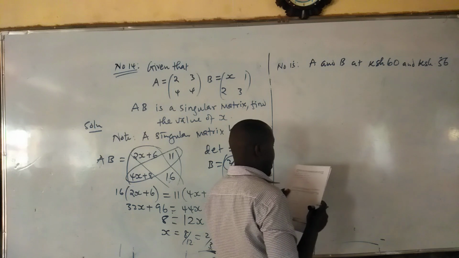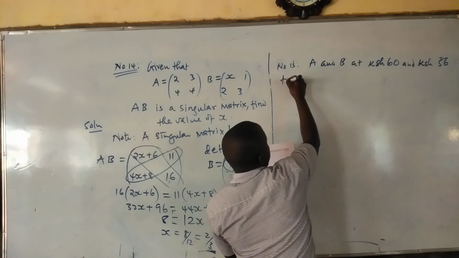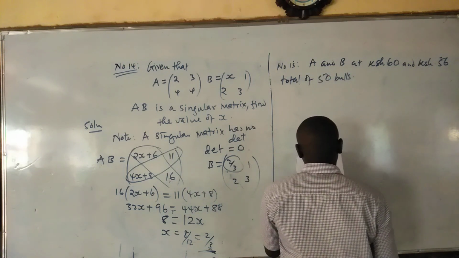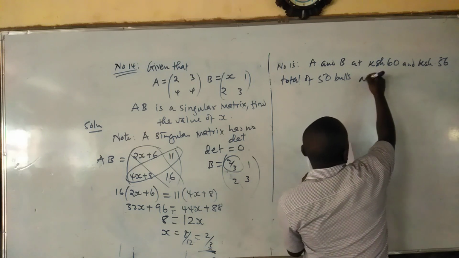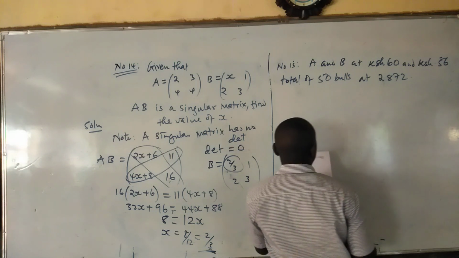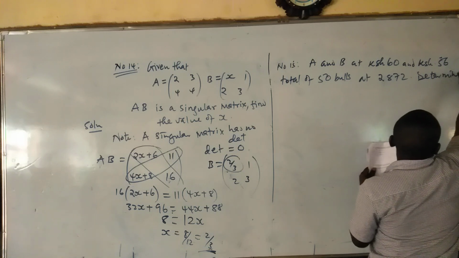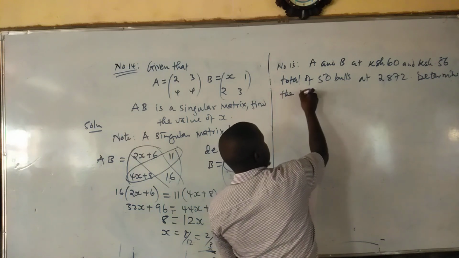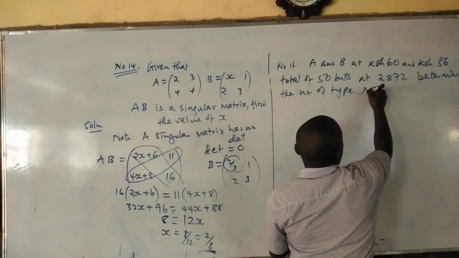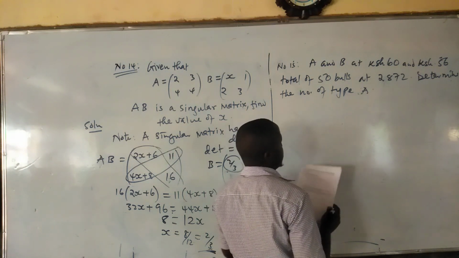She bought a total of 50 balls of both types at 2872. Determine the number of type A that she bought.